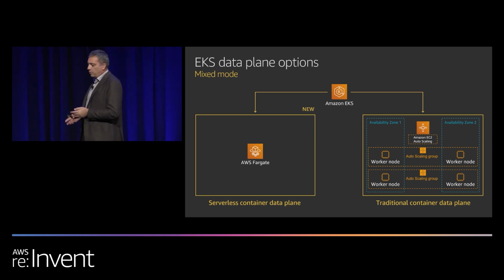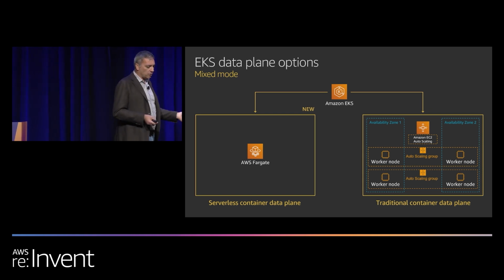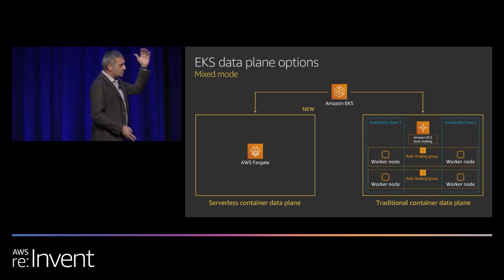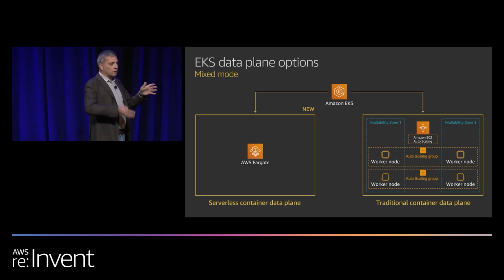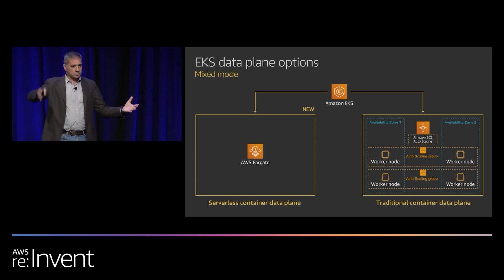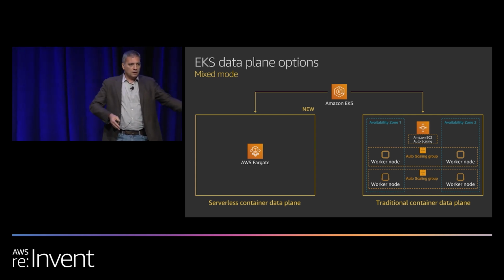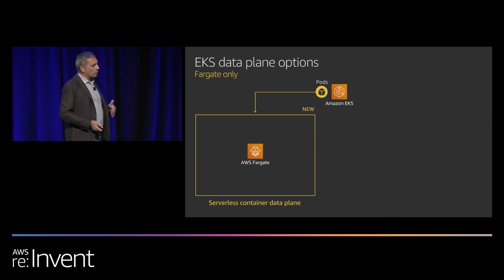The model that we support is both what you saw before, EC2 only. We support this mixed mode where you can deploy from the very same cluster to Fargate or EC2, and we also support Fargate only.